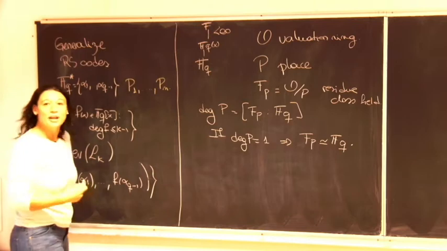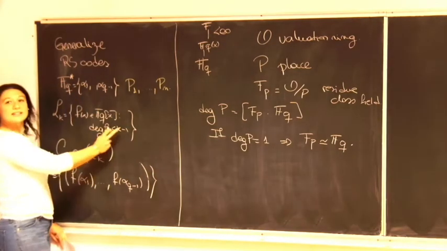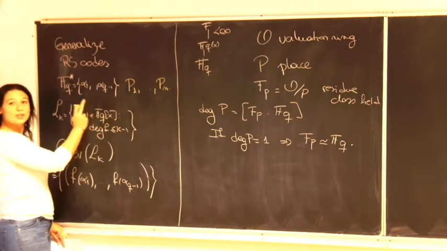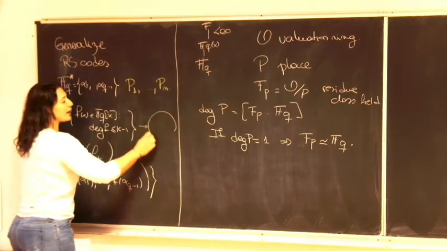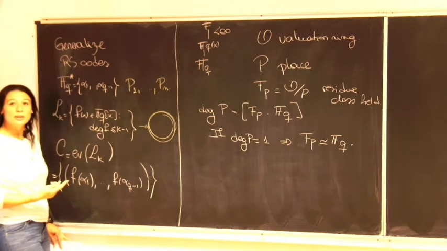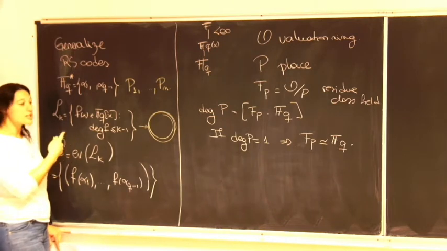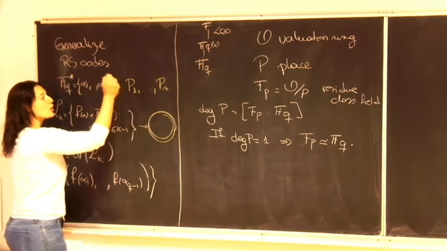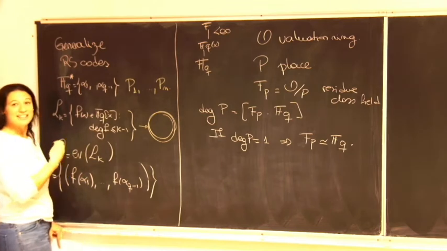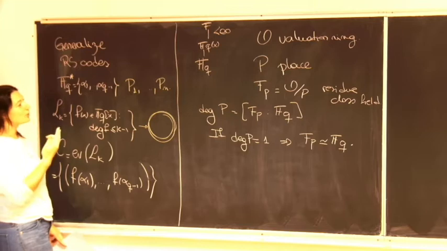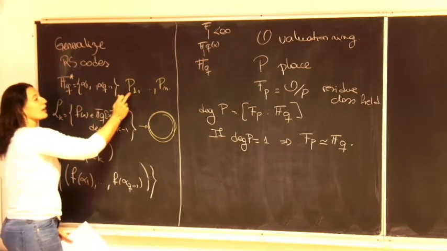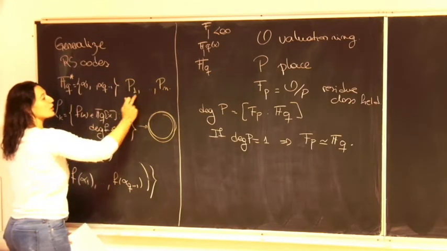And so what we have to do now is to find something that generalizes or replaces this space to evaluate. We need a space that is going to be the set in which I'm going to pick my functions to evaluate. And the evaluation is going to be the residue of the functions evaluated in points of degree 1.